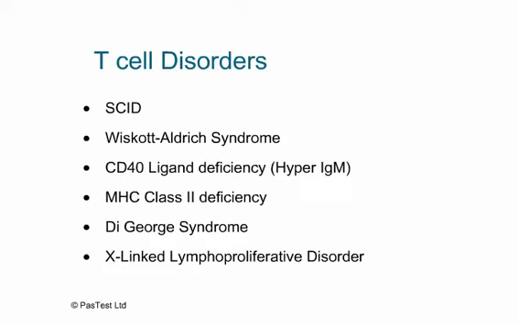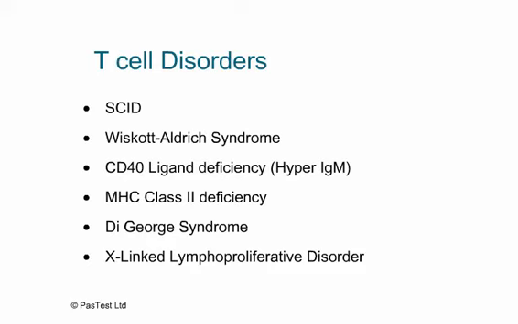And then there's a condition called X-linked lymphoproliferative disorder, or Duncan syndrome, or XLP. Now this is highly varied in how it presents and the degree of immunodeficiency it has. But it frequently does have some degree of T cell abnormality.